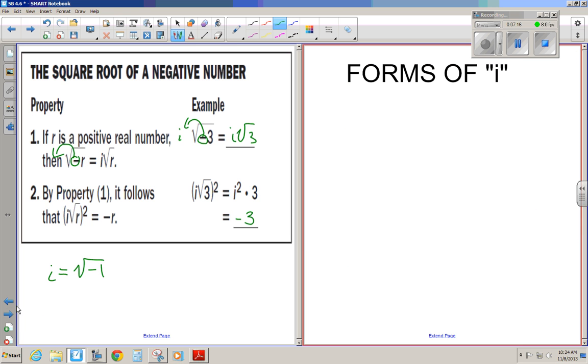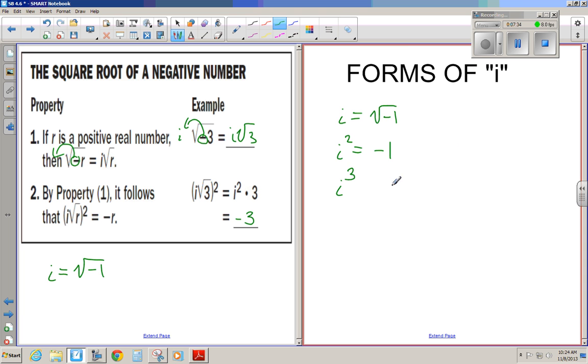In this next slide, we're going to talk about the different forms of i. So i equals the square root of -1. If you were to square i, the squares would cancel, leaving you with -1.